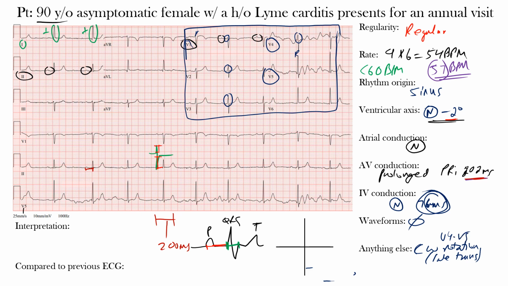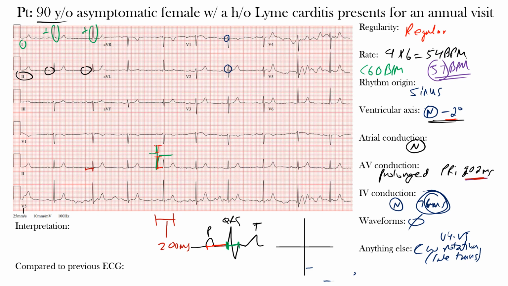So let's just take a look at what we mean by that, and we'll erase this so it's clear. So we're looking at the precordial leads, okay? And we're saying that the transition occurs when we go from mostly negative to mostly positive. Here's V1, mostly negative. V2, the complexes here are mostly negative. V3, the same thing. V4, again, mostly negative complexes. And then when we get to V5, you can clearly see that this is mostly positive, okay?